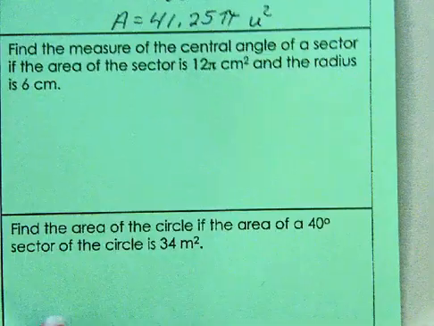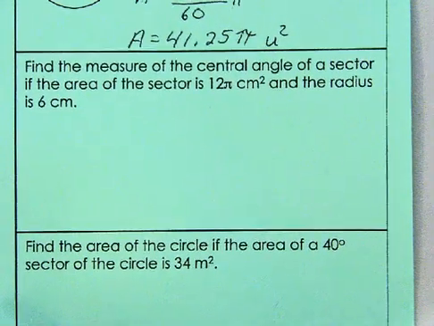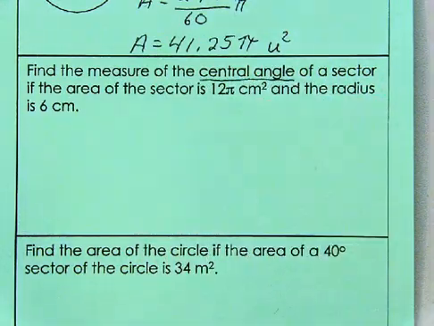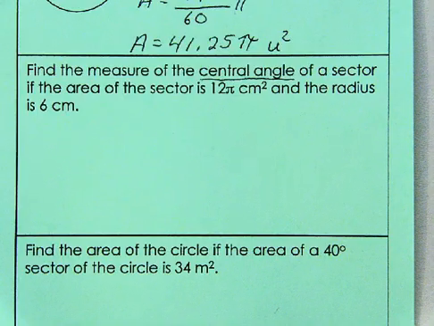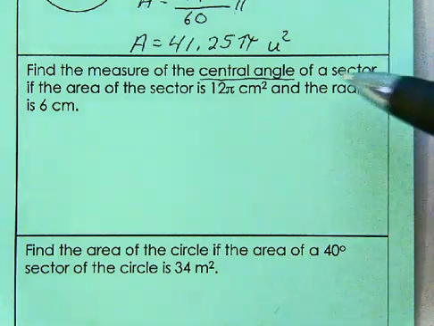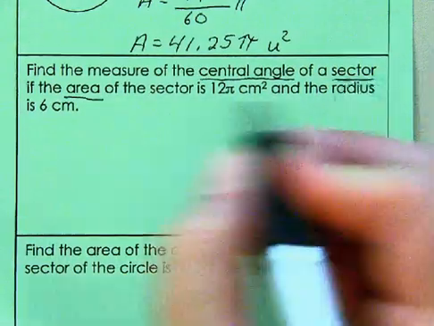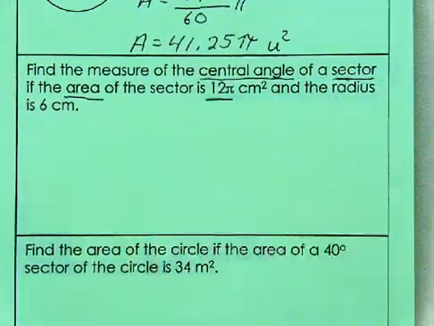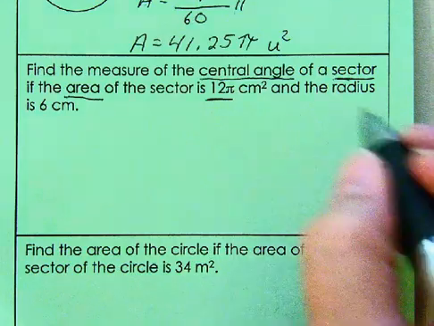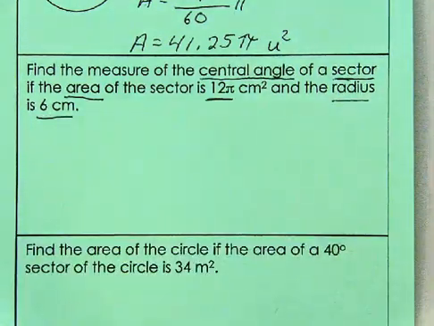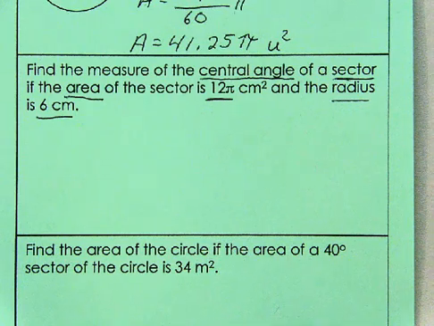We've got two more. The next one says we're going to find the measure of the central angle. Now, if you remember, we said the central angle is the same as the measure of the arc. Okay? We're going to find the central angle of a sector that has an area. So the sector's area is 12 pi, and the radius is 6 centimeters. Okay?